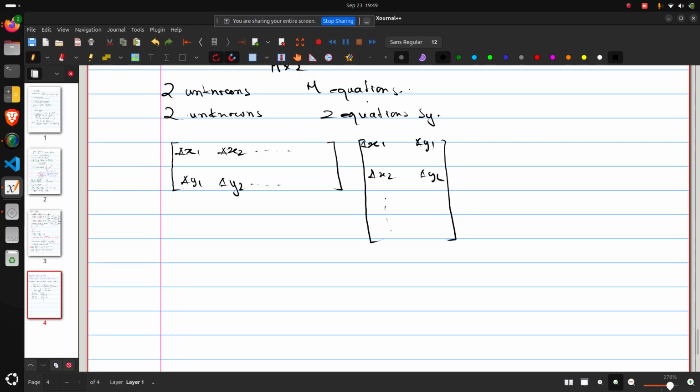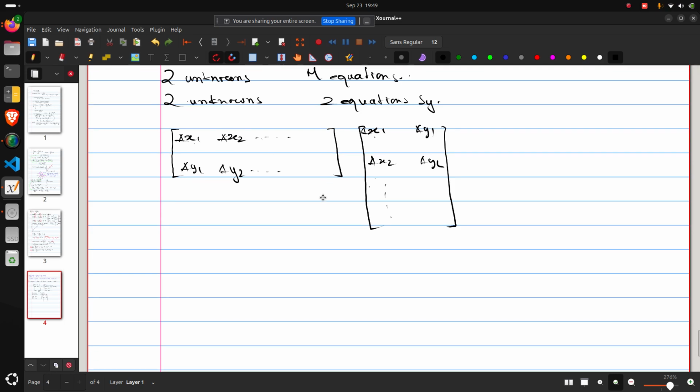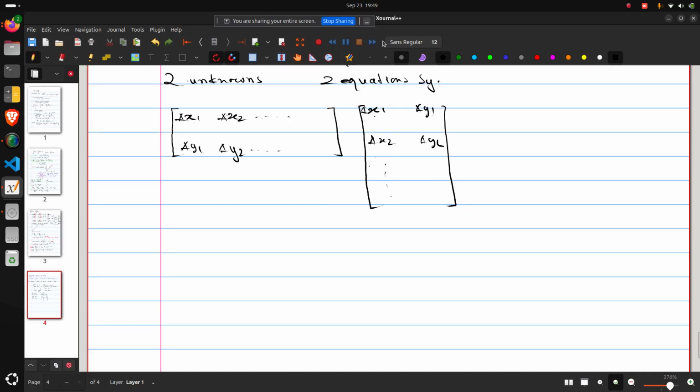So if you multiply this, what will it be? It will be x1 times x1, x2 times x2, x3 times x3, right? So this will result in a 2 cross 2 matrix, right? So let this be B11, B12, B21 and B22. These are the four elements in the matrix, and we have just denoted it like this, right?